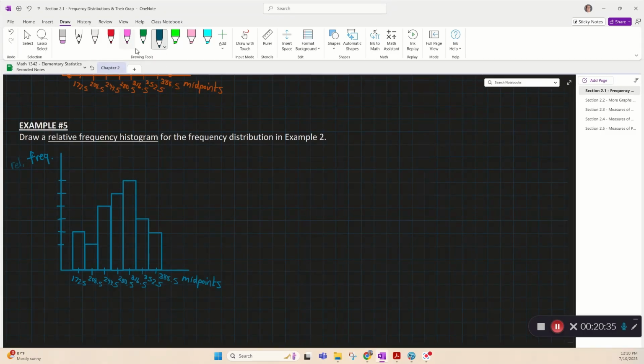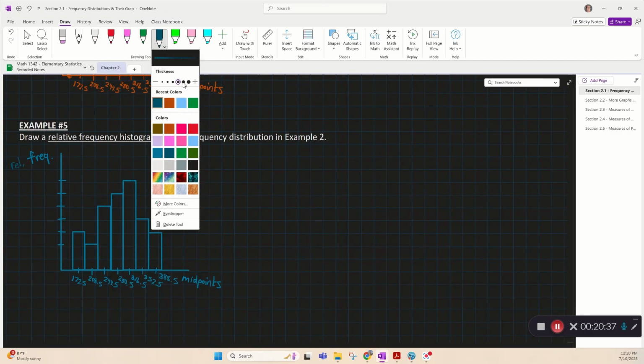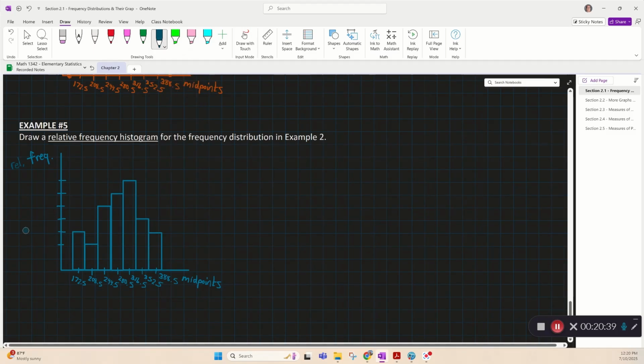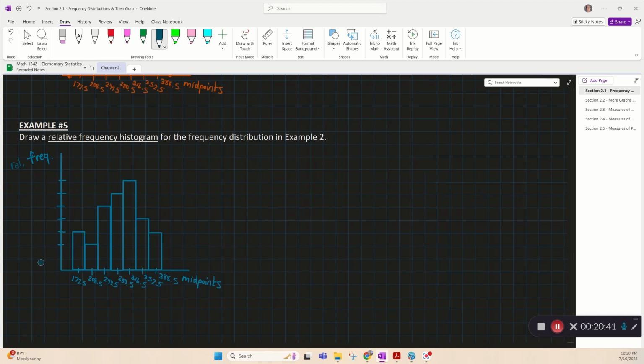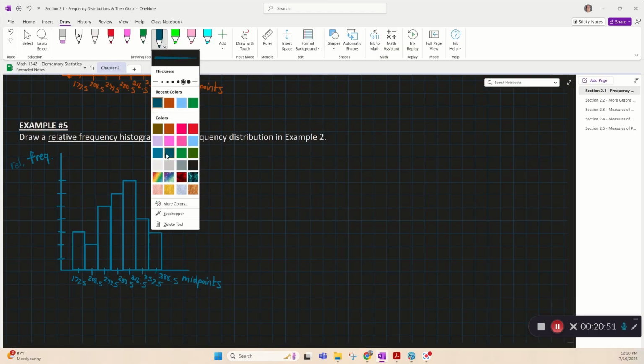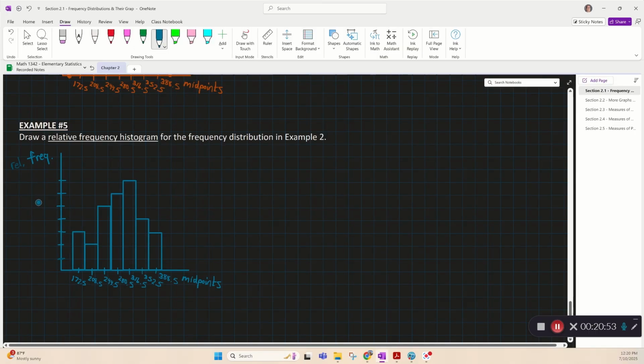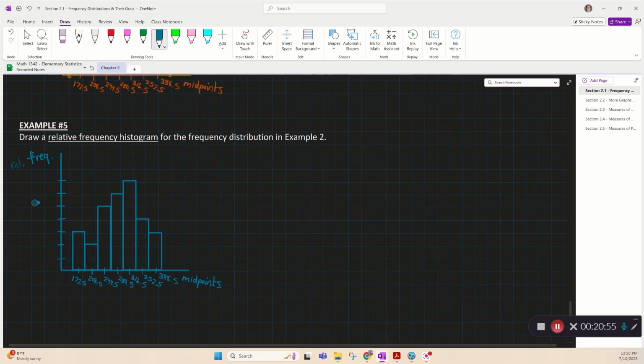So remember, relative frequency, that's the one that's decimals. So for this first one, I think I'm in the wrong color. Let's see. That color. There we go. Yeah, that matches now.